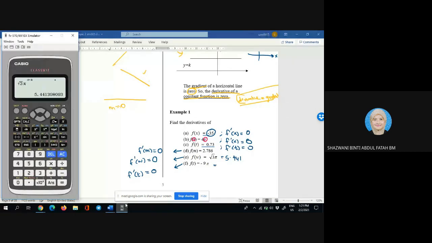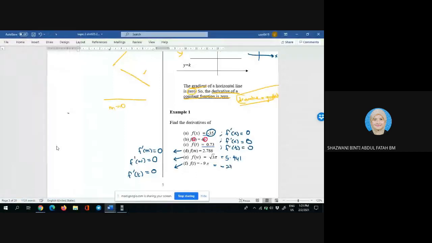Kalau tekan calculator, negative 9 pi, negative 28.27 something. So 0.